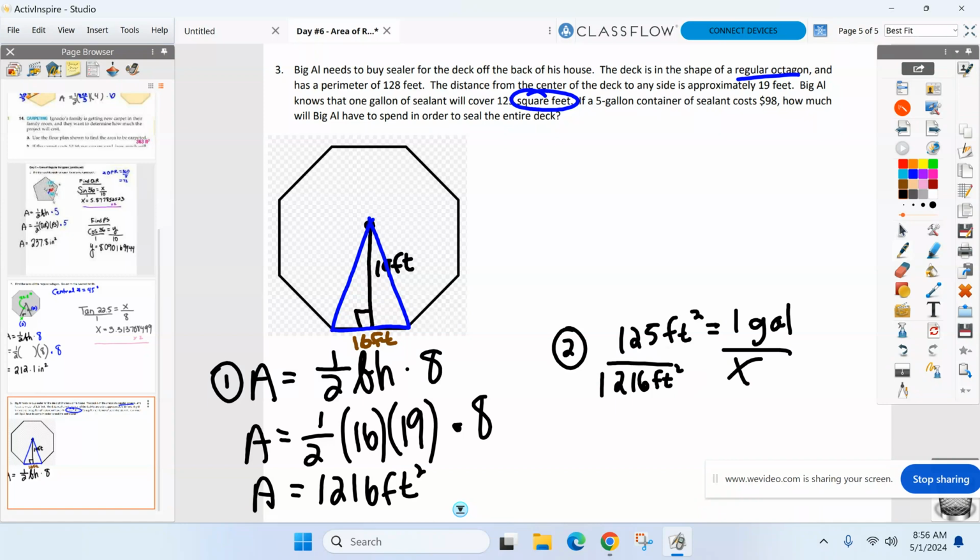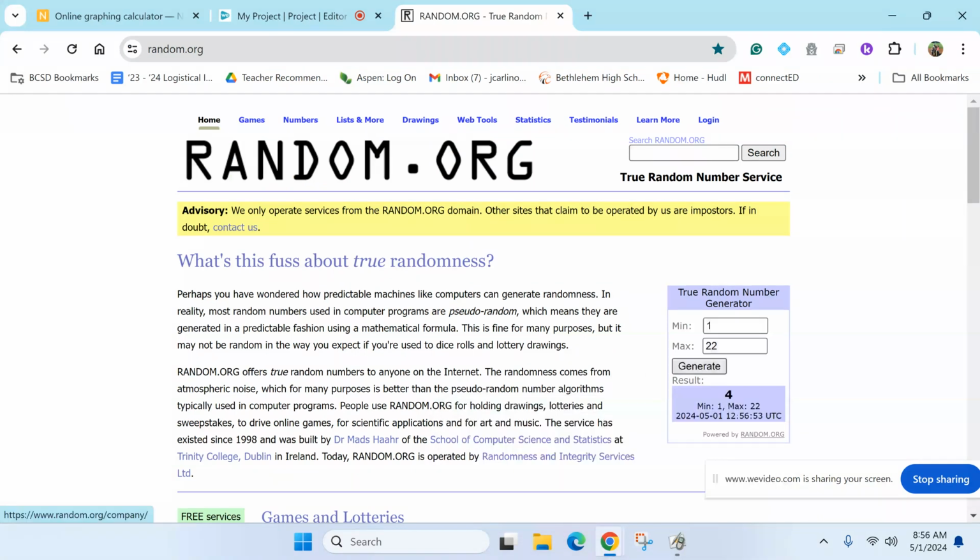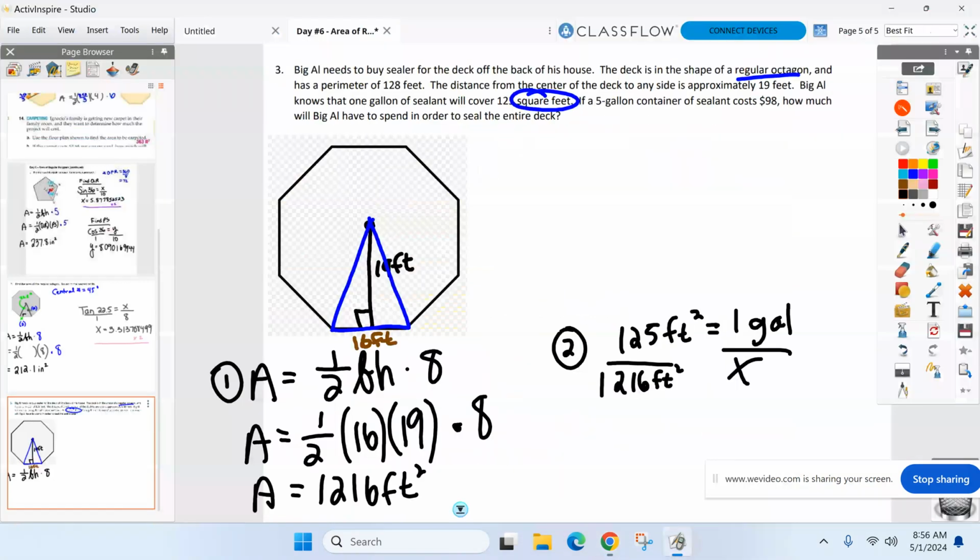Now, as you cross multiply, what are we doing with the 125? Multiplying or dividing here? Whether you're solving this proportion or doing it on your own, what do I end up doing with the 125? Dividing the 1216 or multiplying? What do you notice there, Tess? Dividing. Yep, you end up dividing by it.